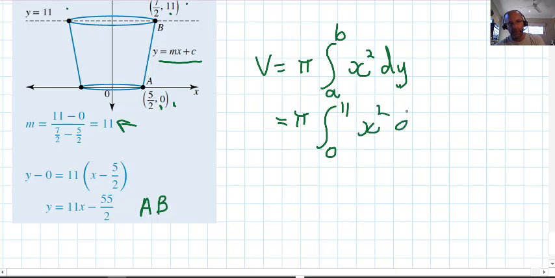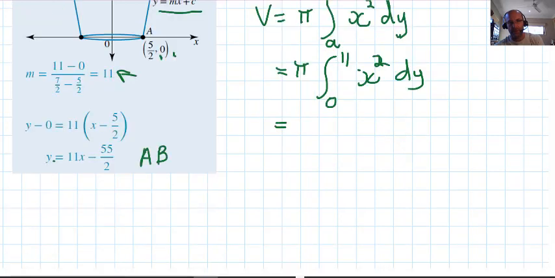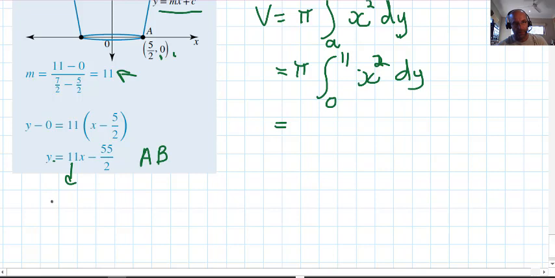Now we've got a function in terms of y. It might be good to have the function written in terms of x, so we can square x. So from here we need to rearrange to find x, or in other words f of y. So how do we isolate x?